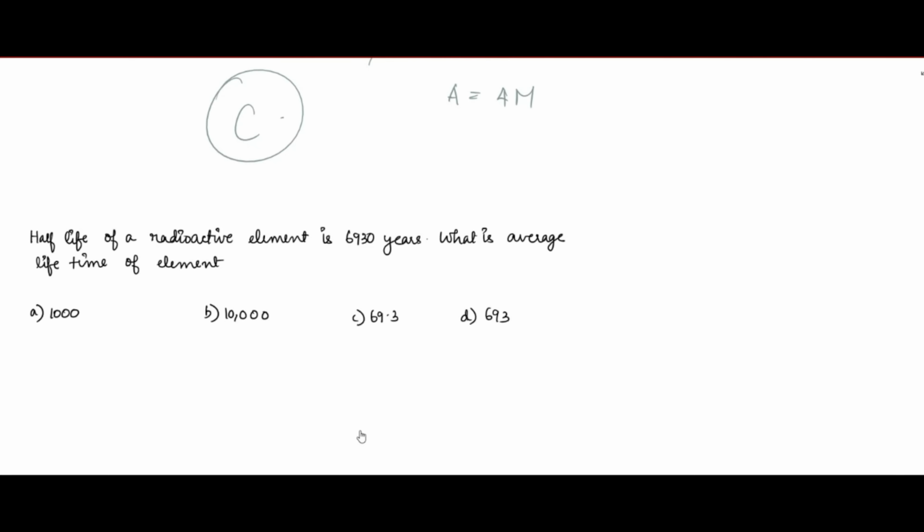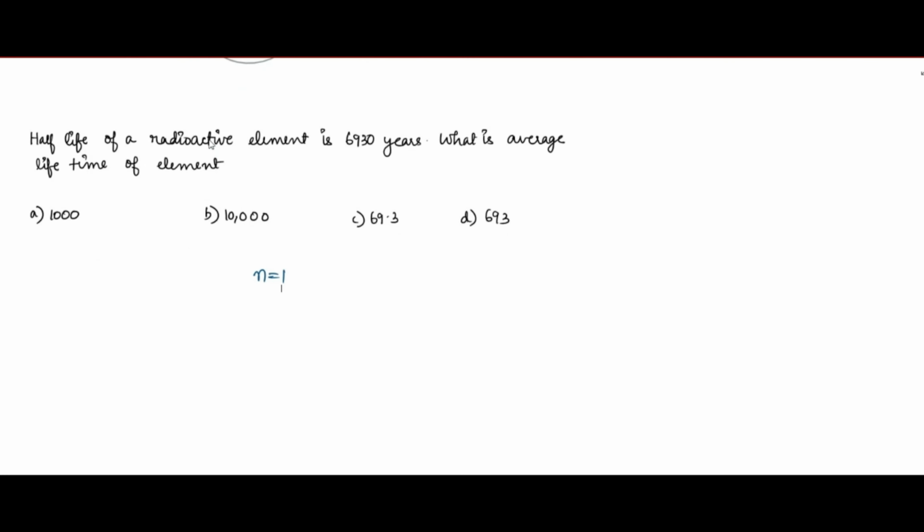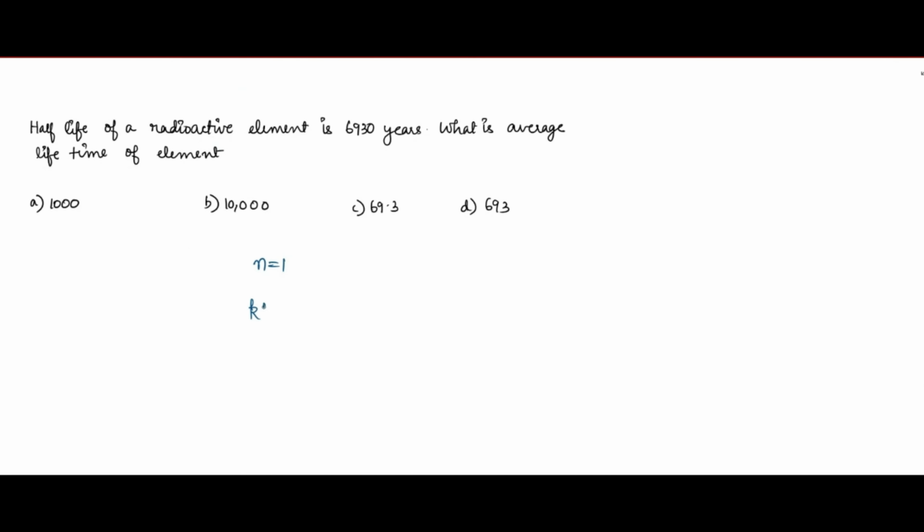So when you see a radioactive element, what do you have to keep in mind? Whenever radioactive is mentioned, the order is 1. Okay. For first order reactions we know the integrated rate equation, Kt is equal to 2.303 log A0 by At. I write it every time so that it sticks in your mind. What is half life? If you put A0 by 2 for At, you will get 0.693 divided by K.